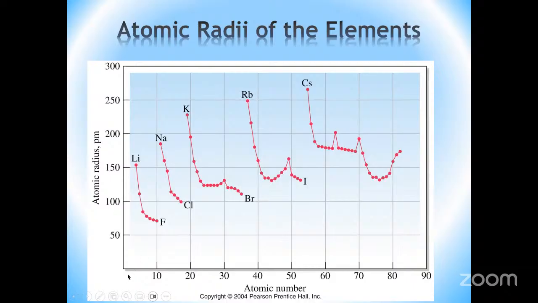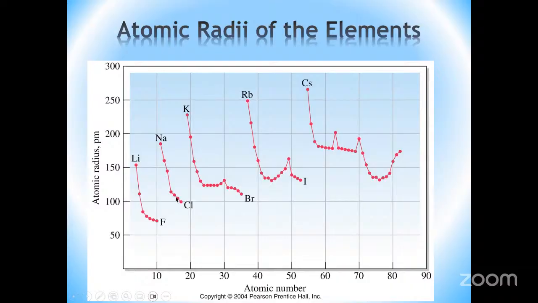Oh, by the way, let me just explain what this graph is. So the y-axis is the atomic radius, the x-axis is the atomic number, right? So this line here represents the trend for period 2, starting with lithium and ending with fluorine, right? And you see clearly there's a decrease in the atomic size as you go from lithium to fluorine, right?